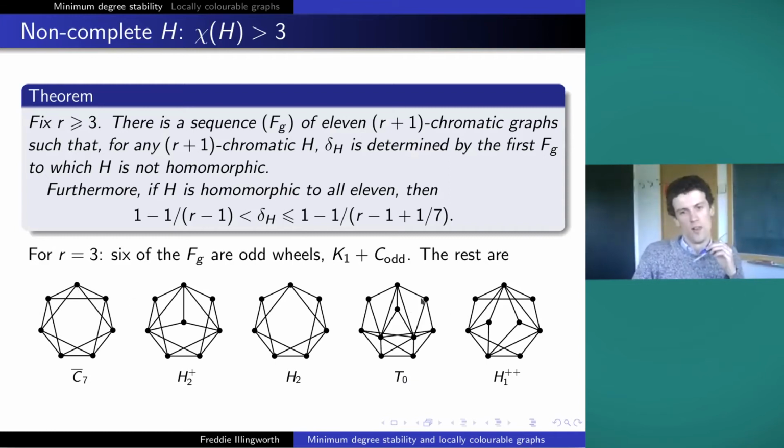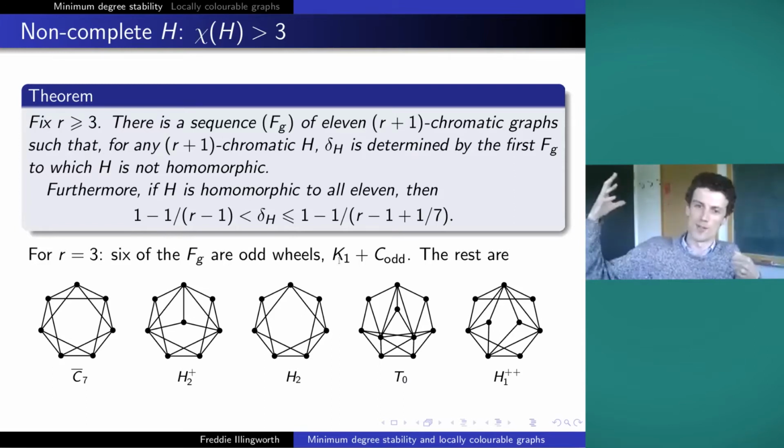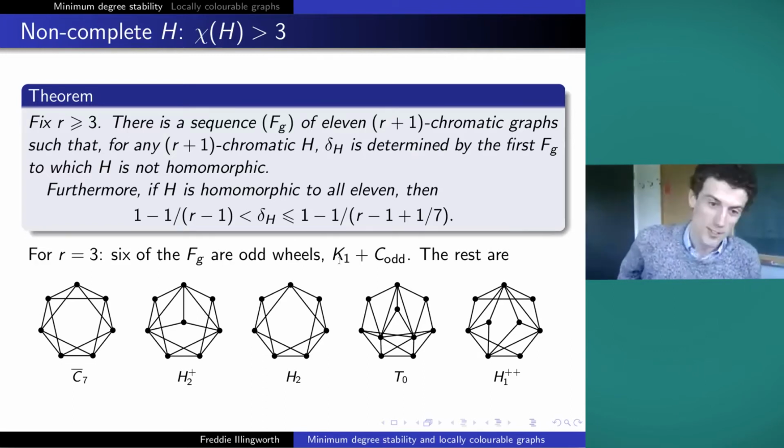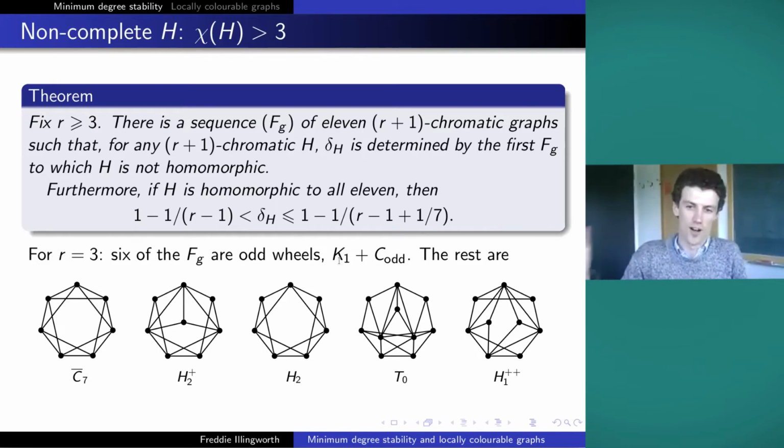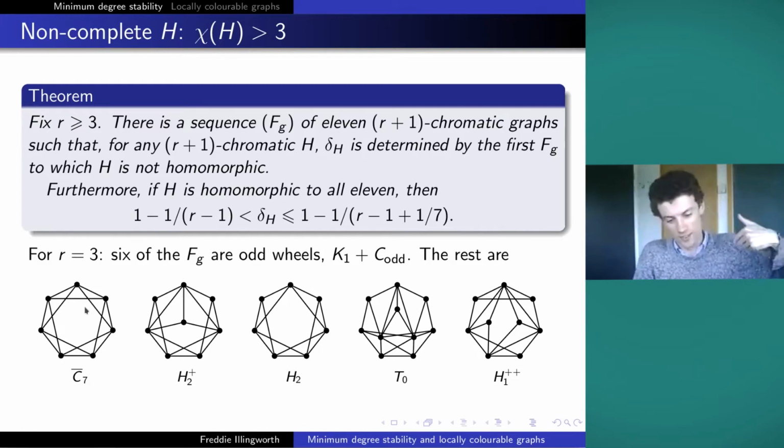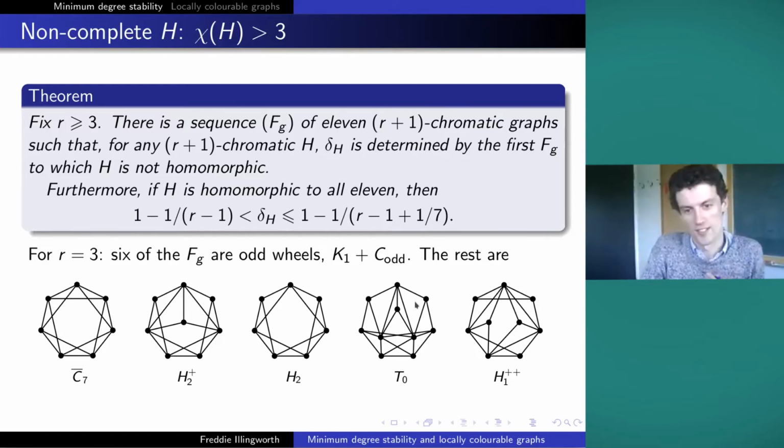Why are these here? Well, odd wheels deal with the case where you have lots of vertices whose neighborhoods contain an odd cycle. So the other obstructions to being close to 3-colourable aren't going to have those in. They're going to be graphs where every vertex's neighborhood is bipartite, doesn't contain an odd wheel. So for all these 5 graphs, you can check that if I take a vertex and look at its neighborhood, it's bipartite.